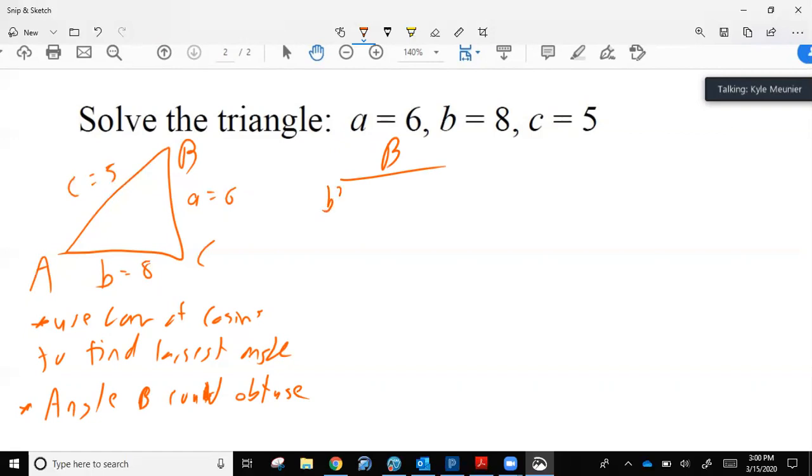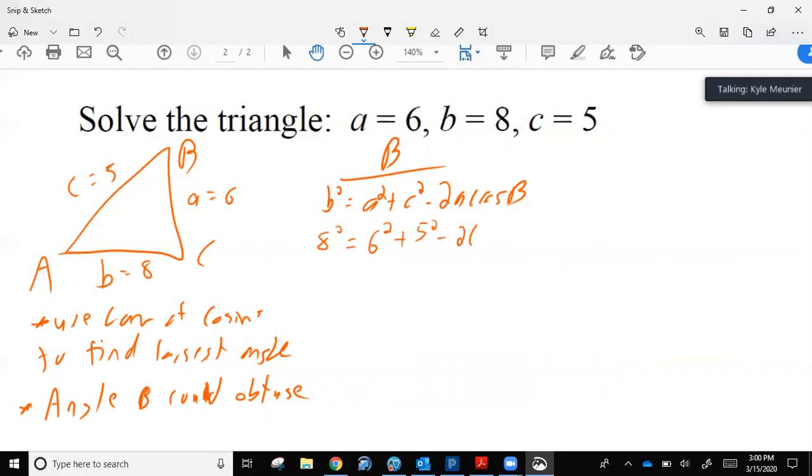I'm going to use B squared equals A squared plus C squared minus 2AC cosine of B. I know side B is 8. I know side A is 6. I know side C is 5.